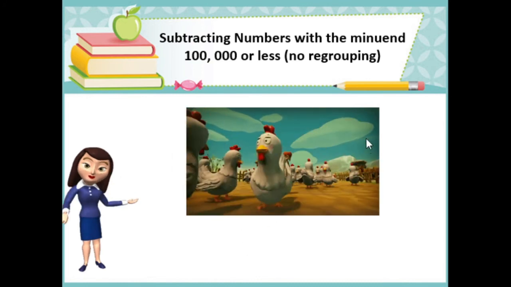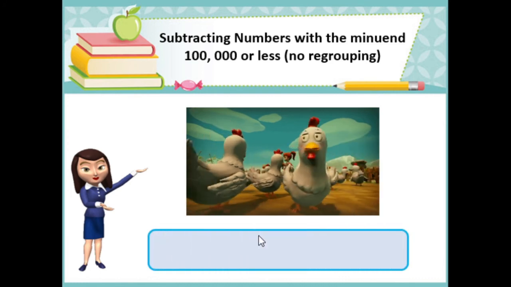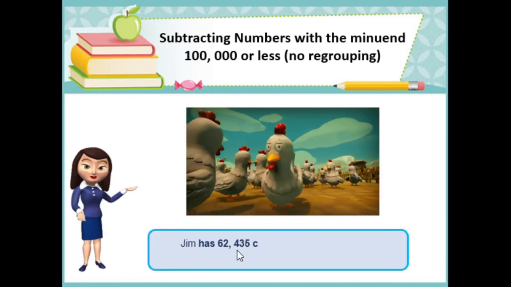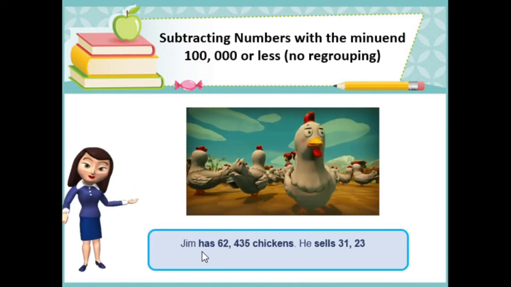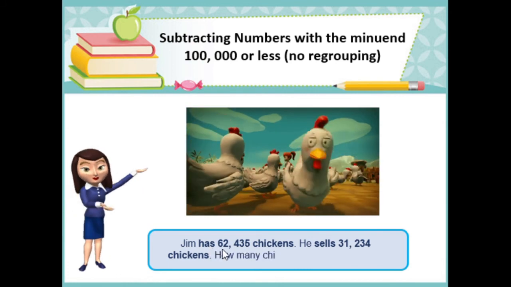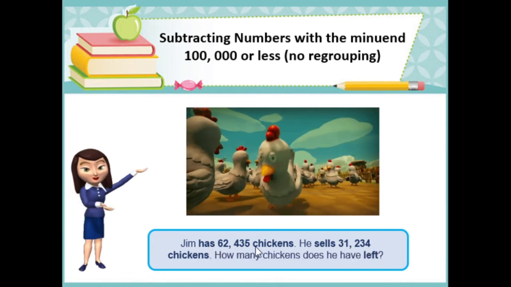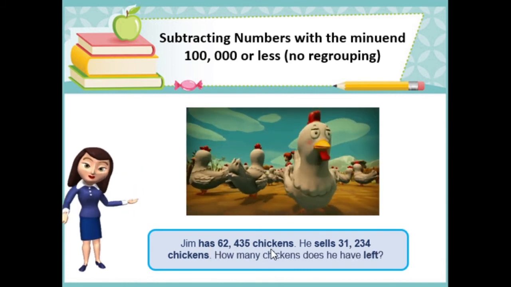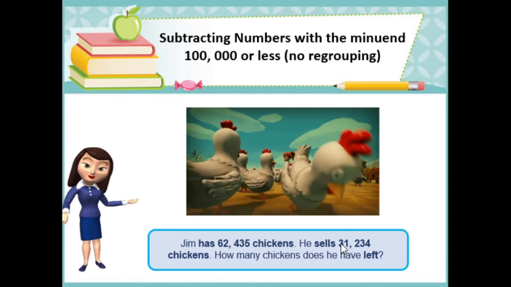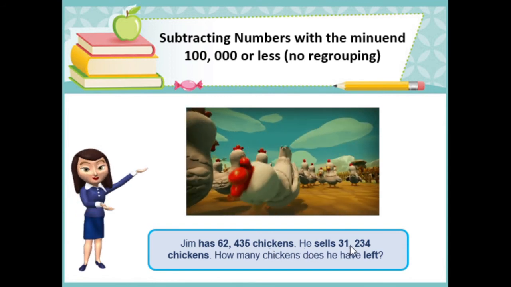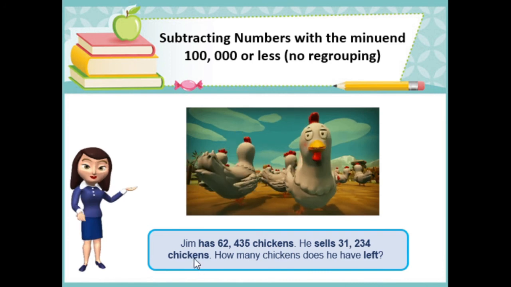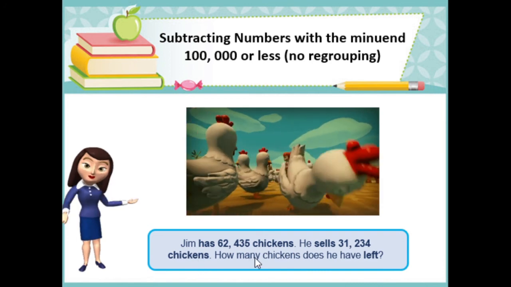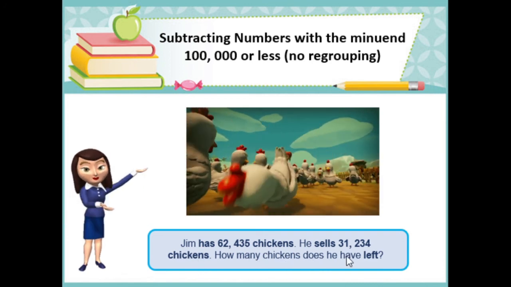Looking at this cartoon, a problem is Jim has 62,435 chickens. He sells 31,234 chickens. How many chickens does he have left?